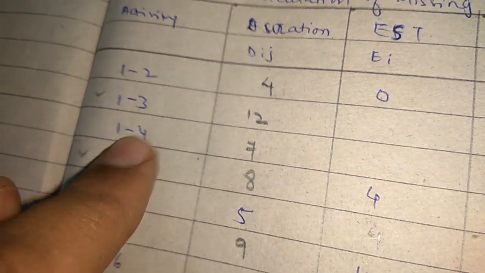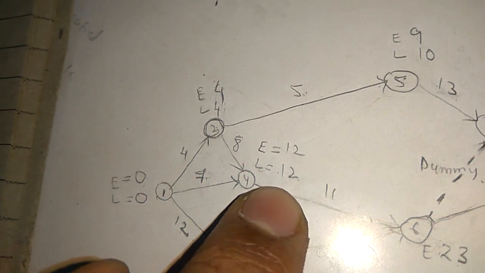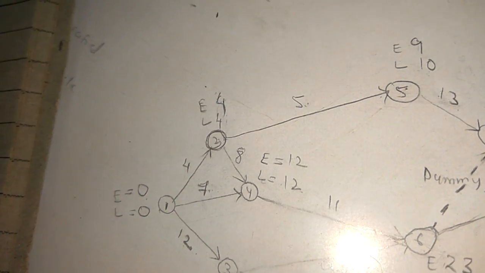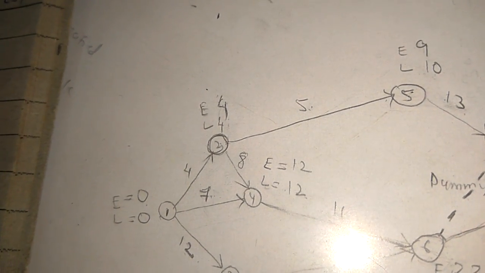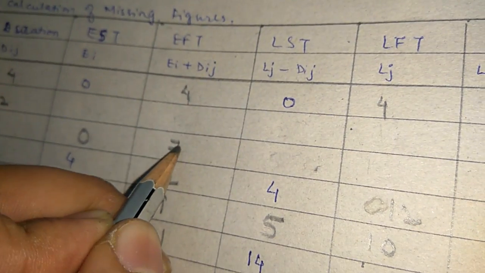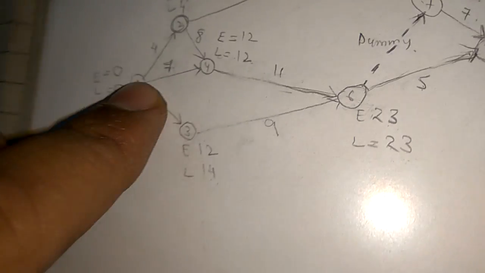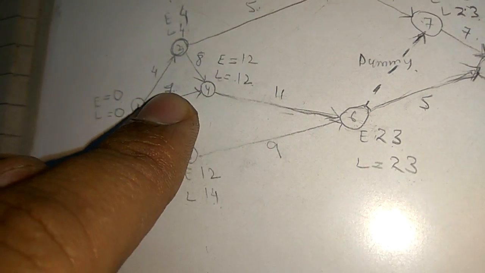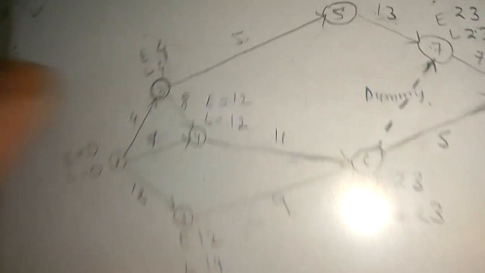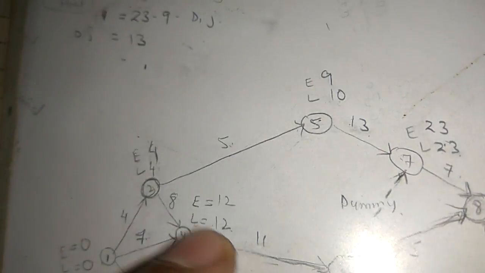Between activity 1 to 4, what is Ei? Ei is 0. Then 7. Lj minus Dij between activity 1 to 4, 12 minus 7, that is 5. And Lj is 12.